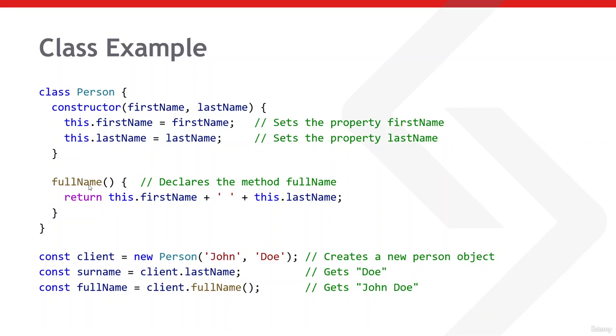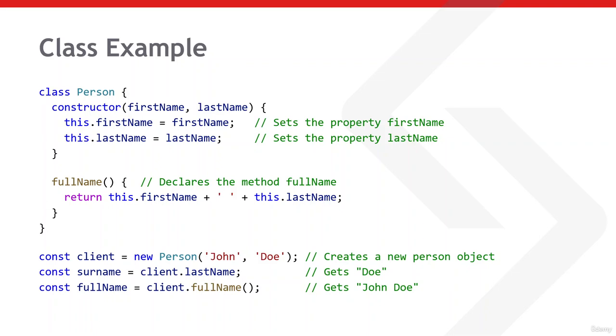I might have some parameters for my method. In this case, I would just include the parameters inside the parentheses. And then I can use whatever inside this method, just using the keyword this if I want to get a property.